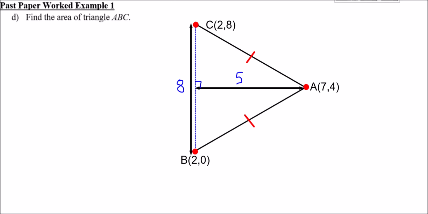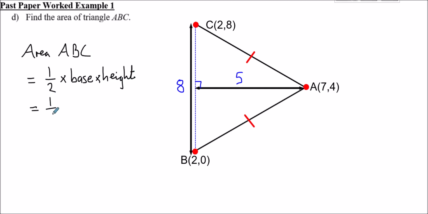So we now can just apply the formula for the area of a triangle, which we probably know off by heart from GCSE. I hope you'd know it off by heart anyway. So the area of ABC is just going to be half times base times height, or bh over 2, whichever way you want to use and remember it.